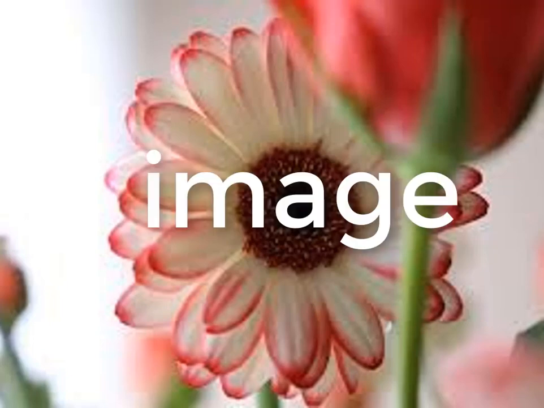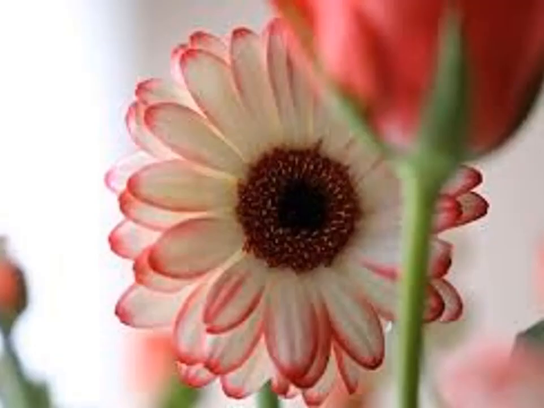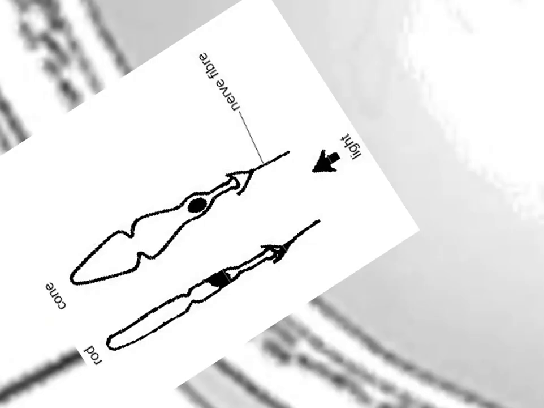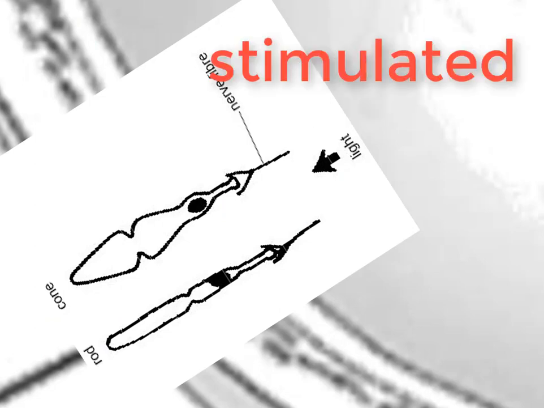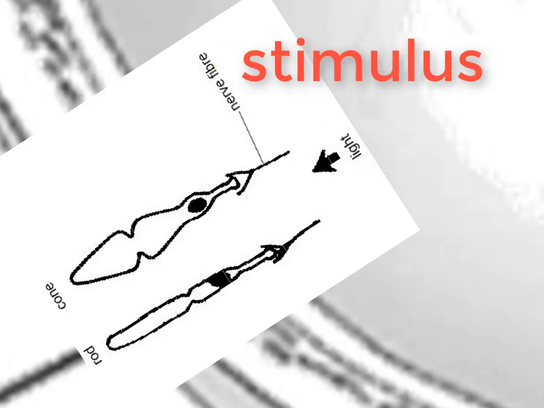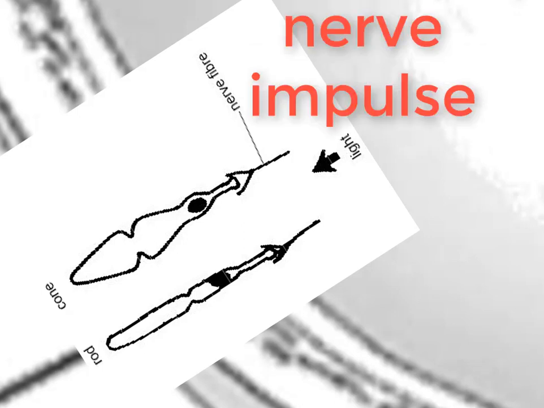So how does that happen, that the light gets changed into a picture, into an image? The first thing is that these receptor cells are stimulated. They are stimulated by the light. That means that they sense the light. They receive the light. This stimulus is then converted into a nerve impulse.